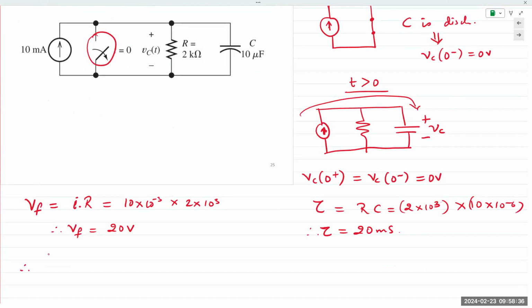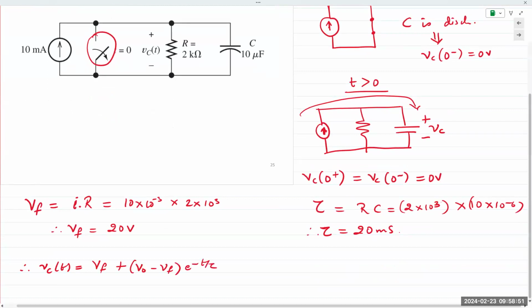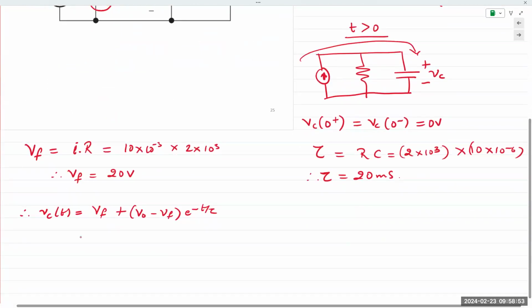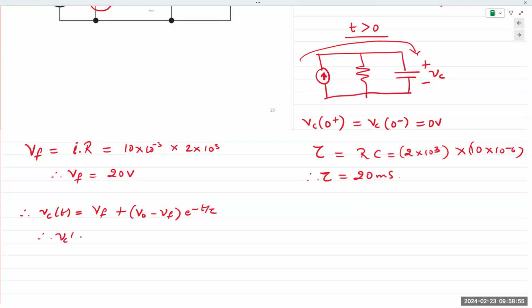And so I can directly write down the solution for VC of t: VF plus V0 minus VF times e raised to minus t over tau. Therefore, VC of t is 20 plus 0 minus 20 times e raised to minus t over 0.02.